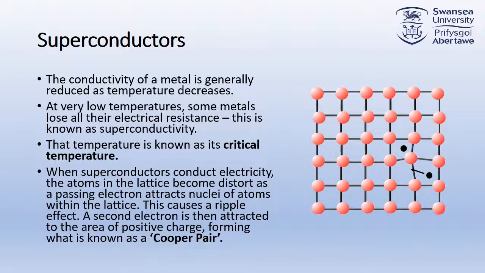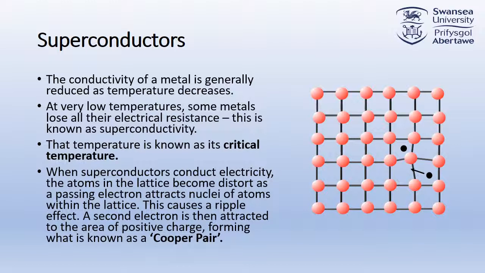What happens is that you have an electron that starts to move through this lattice of atoms. Our negatively charged electron is slightly attracted to our positively charged nuclei. This distorts the lattice structure just a little bit, forming a slightly more positive region within that lattice.